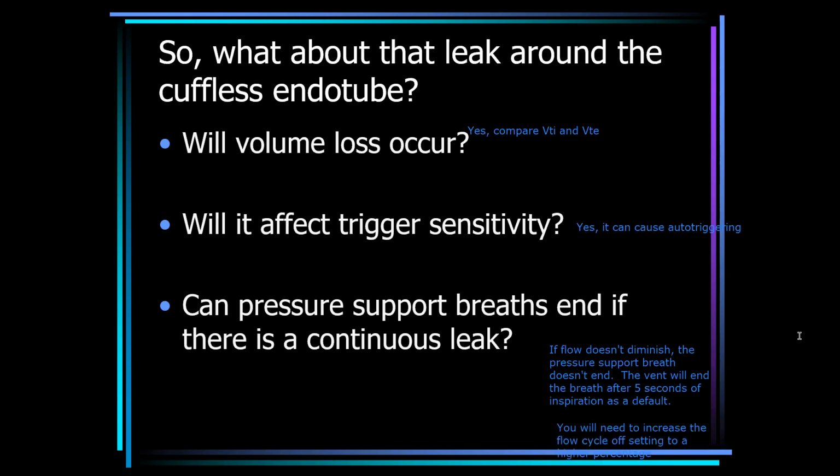So you will need to increase your flow cycle off setting to a higher percentage. And with greater than a 30% leak, we need to re-intubate with a larger endotube.